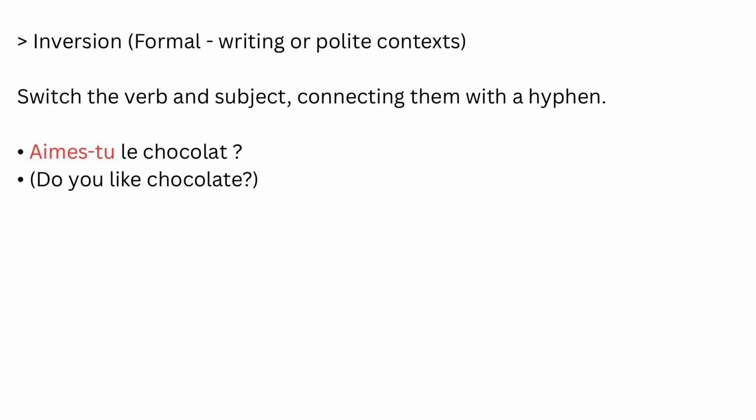The subject, he, comes to the second position and is, the verb, comes to the first position. So he is becomes is he. A similar format is there in French as well. Again, taking the same example, "Tu aimes le chocolat," you like the chocolate. I will have to exchange the position of tu and aimes. So I'll get aimes-tu. Aimes-tu le chocolat? Do you like the chocolate?